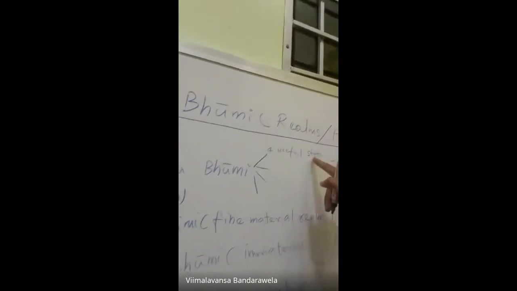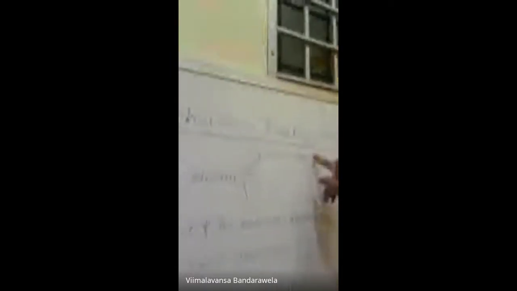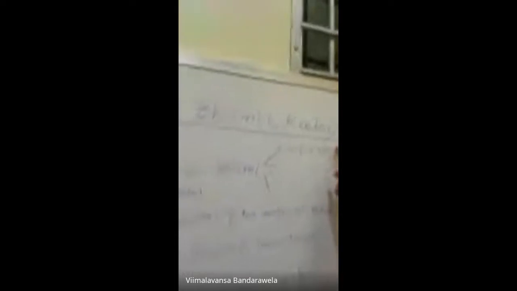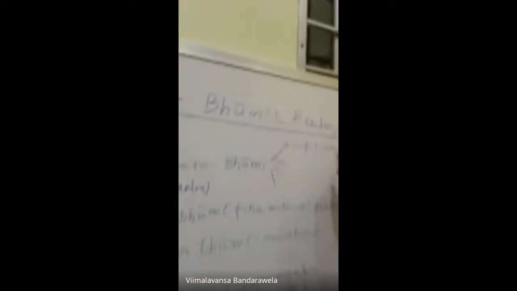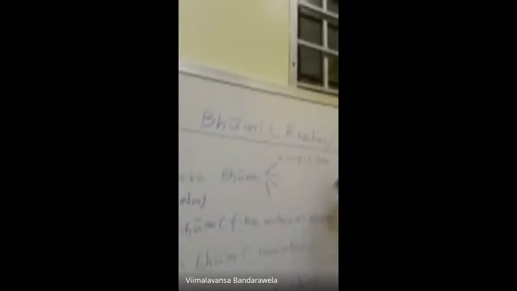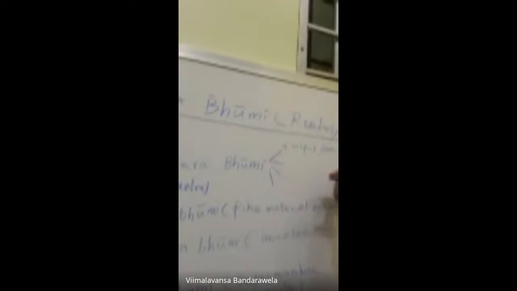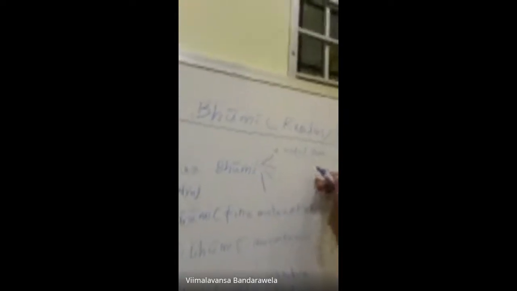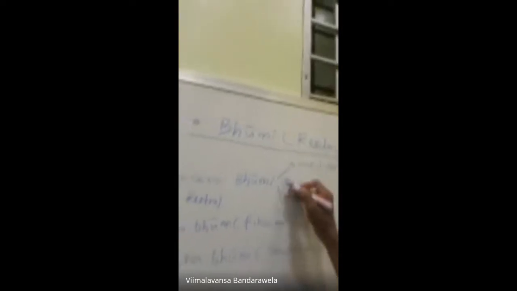The 4 woeful states are the Asura, sometimes you may hear Asura, which in English we can say demon, and then Peta, ghost, and the other one is the animal kingdom, and the hell beings. These are the 4 woeful states.